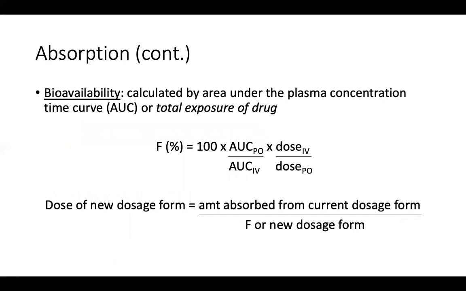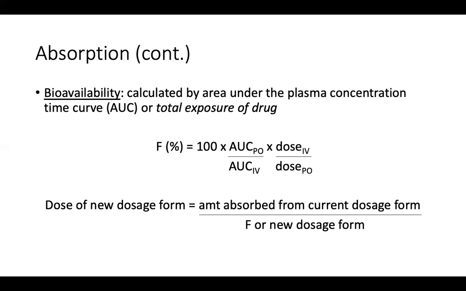So let's see, more bioavailability. Here's a little equation. We've seen this in kinetics before. We're using the AUC, or the area under the plasma concentration time curve, which is also the total exposure of drug. And this is one of the aspects that goes into that bioavailability equation.